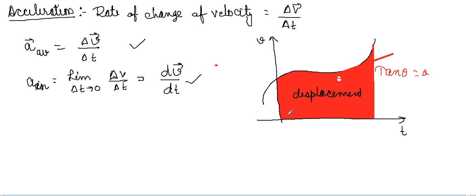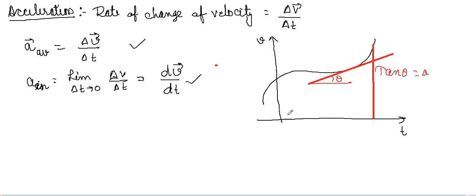So if a graph of velocity versus time is given, its slope will give you acceleration, and the area under the curve will give you displacement.